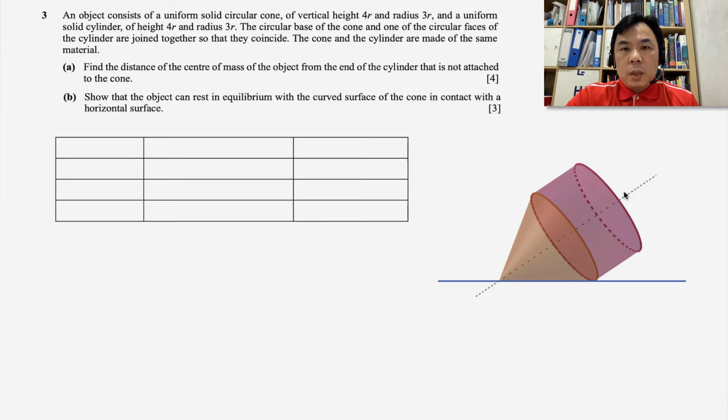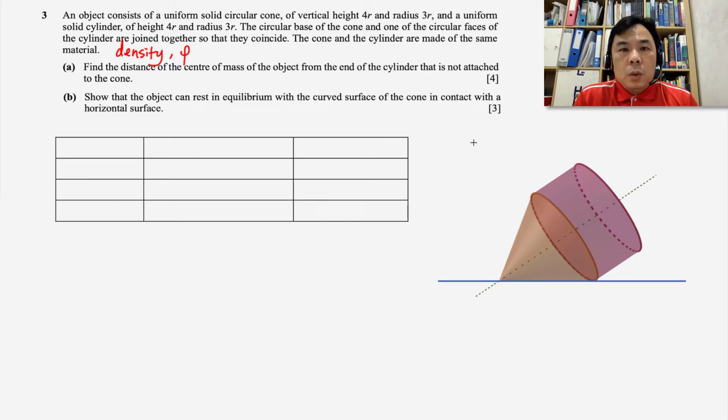The cone and the cylinder are made of the same material. Now, by saying that they are made of the same material, it means that they should have the same density, right? So they should have the same density for those students who are studying science. So that actually refers to the same density here. We can call that rho here, right?